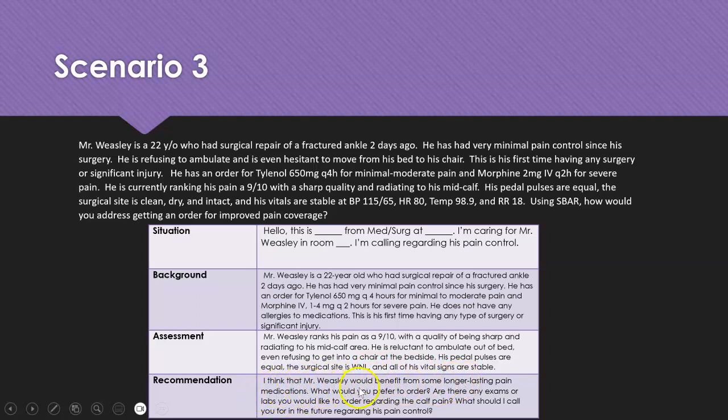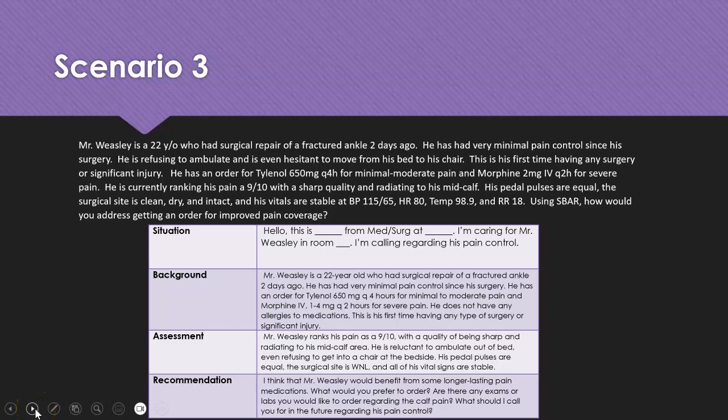And then you say, I think Mr. Weasley would benefit from some longer-lasting pain medications. What would you prefer to order? Are there any exams or labs you would like to order regarding the calf pain? What should I call you for in the future regarding his pain control? So you're asking for some type of direction. And that is a good SBAR.